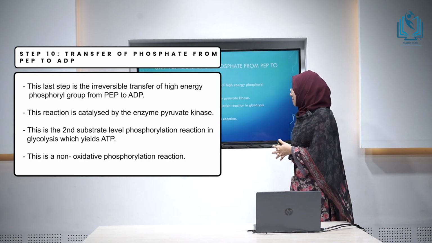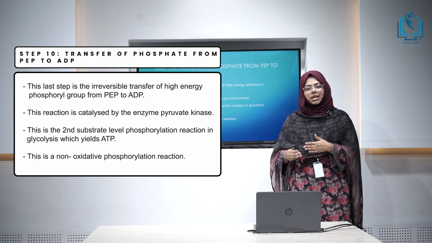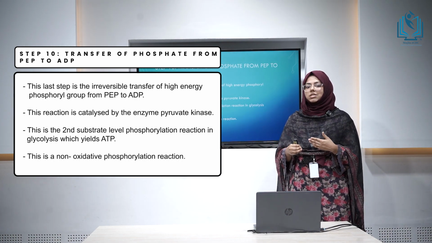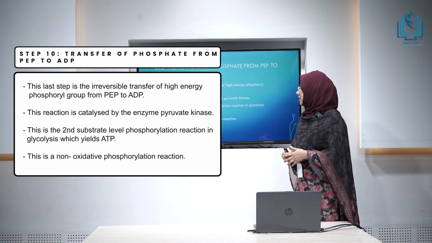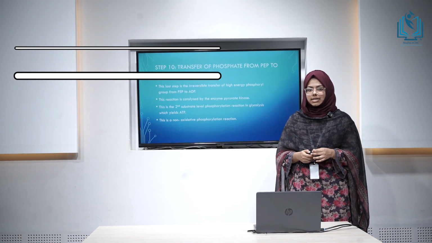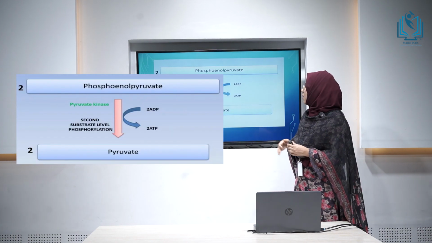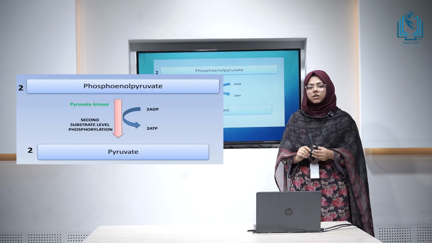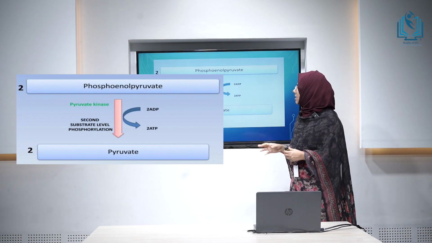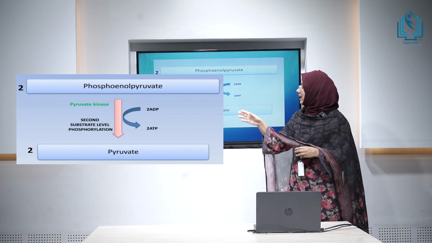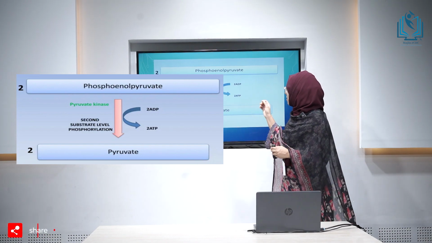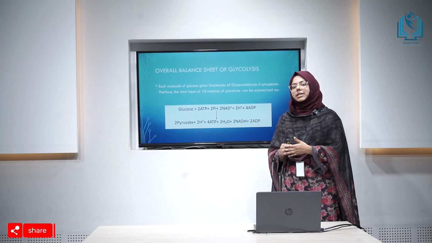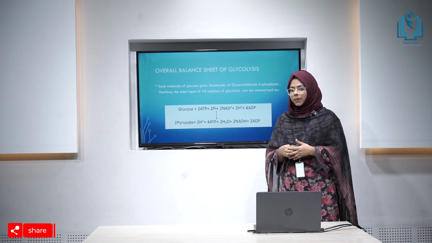This is the second substrate level phosphorylation which takes place in glycolysis and yields ATP, and this is a non-oxidative phosphorylation reaction. It is summarized as phosphoenolpyruvate getting converted to pyruvate using the enzyme pyruvate kinase, and here occurs the second substrate level phosphorylation with formation of ATP. Here comes the end to the reactions of the glycolytic pathway.